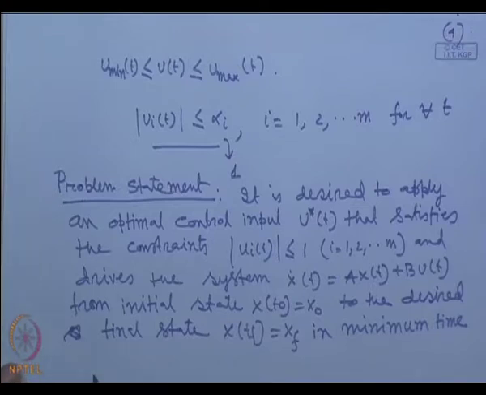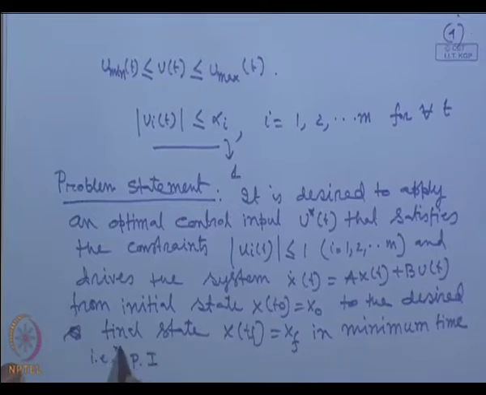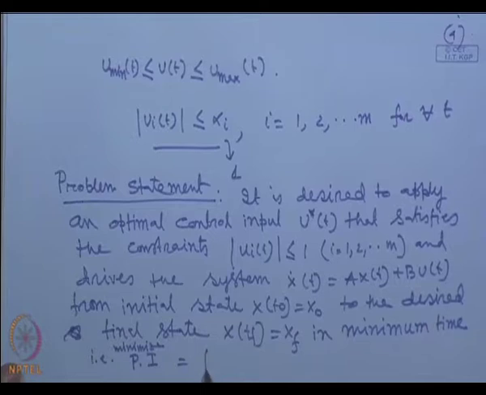In other words, our optimization problem is described with a performance index, P I. Minimize the performance index, integral from t 0 to t f of 1 into d t, which is equal to t f minus t 0.